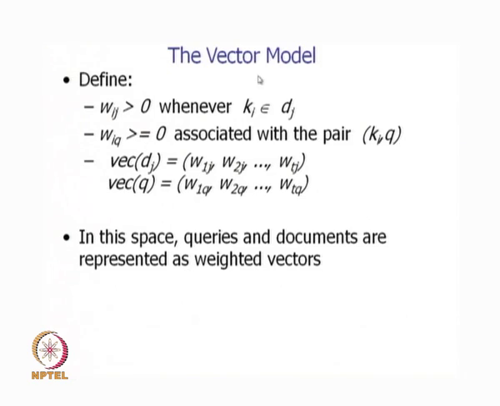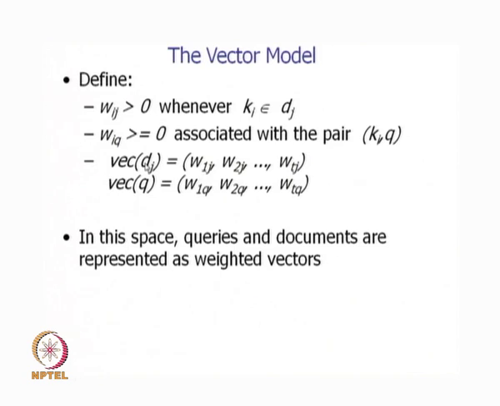So, we now proceed to define the vector model, and in this we first say that this weight w_ij is greater than 0 whenever a key term in the query is present in the document. w_iq greater than or equal to 0 is associated with the pair of the ith keyword and the query q.